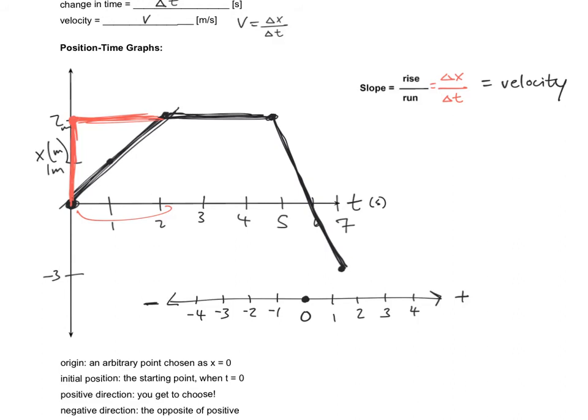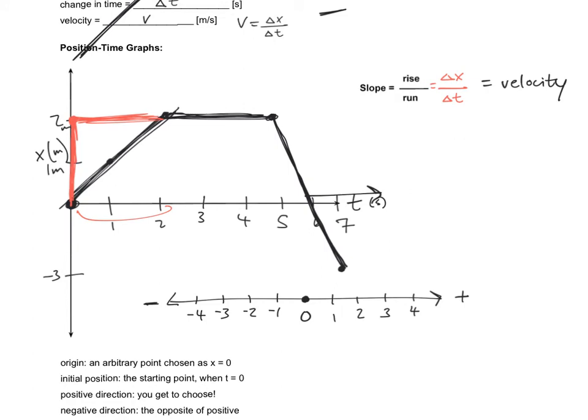The other bit of information comes from positive and negative slope. So if I've got a positive slope, like this one here, we know positive is up and to the right, that meant I was moving this way. I moved from 0 to 2. I was moving towards the positive. And then down here, my slope is negative because it's going down.